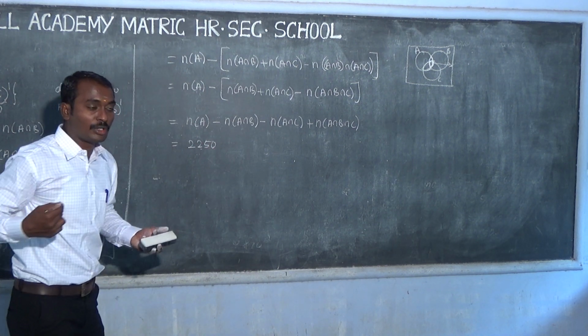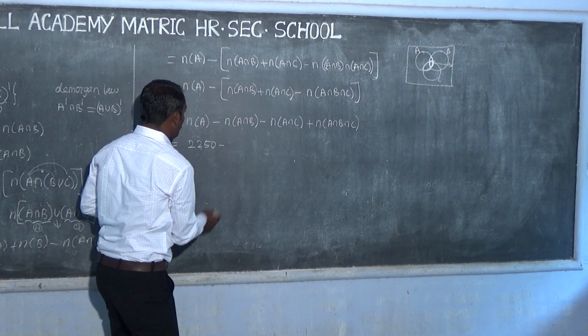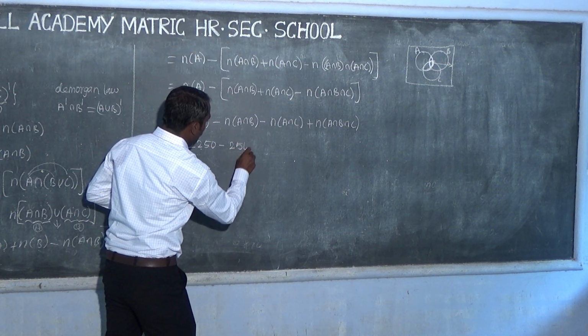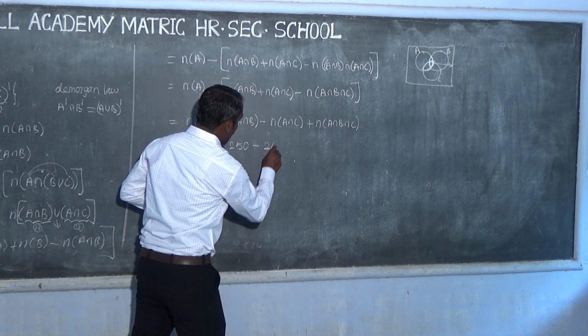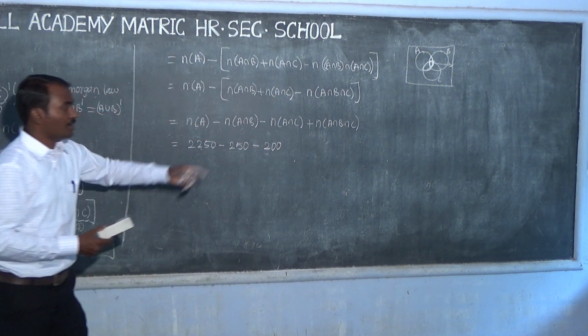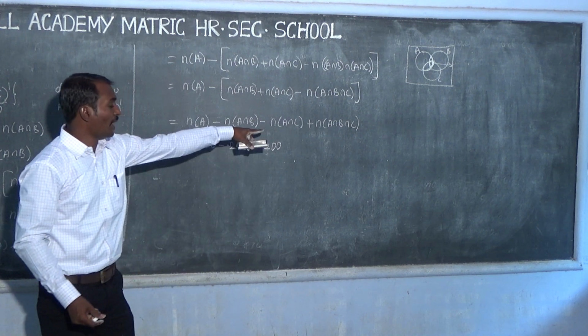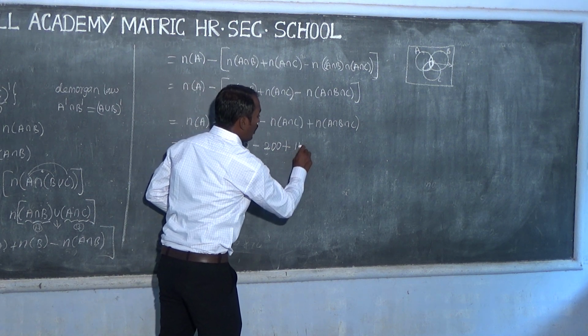We found the values in the previous step. Minus n of A intersection B is 250, minus n of A intersection C value is 200, and plus n of A intersection B intersection C value is 150.